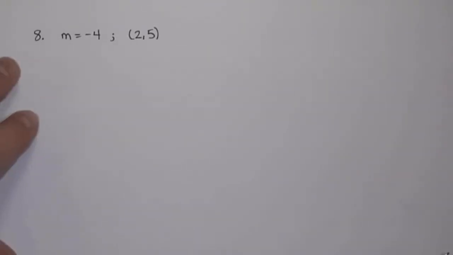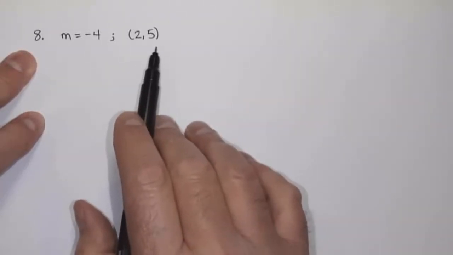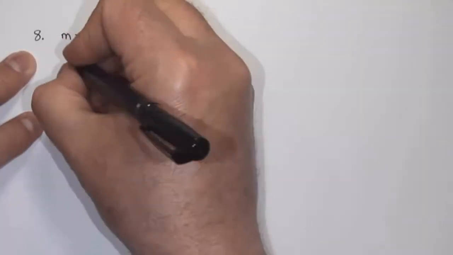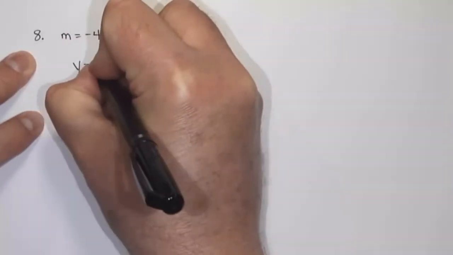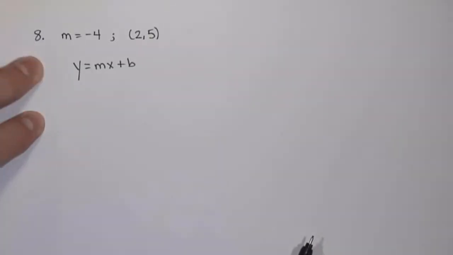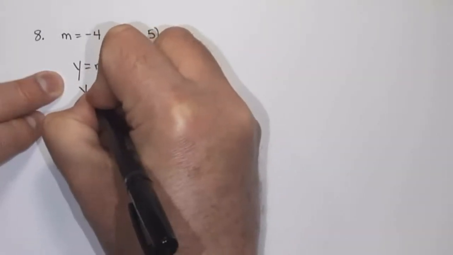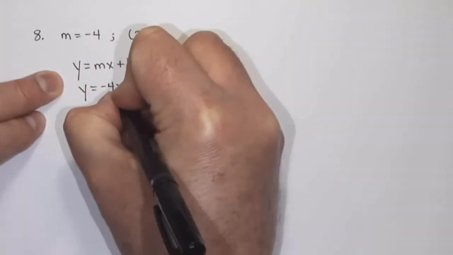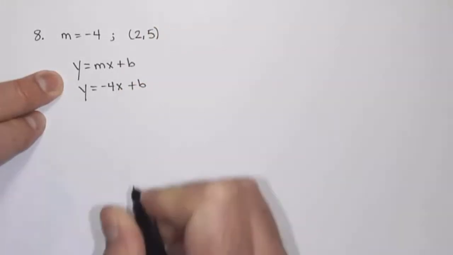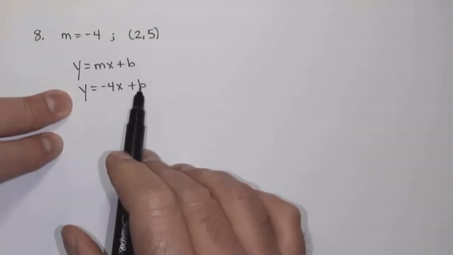I've written down here, we know that the slope is -4 and we're passing through the point 2, 5. We know that the equation of the line in slope-intercept form is y equals mx plus b. So y is going to equal -4 times x plus whatever the y-intercept is. We need to find the y-intercept.